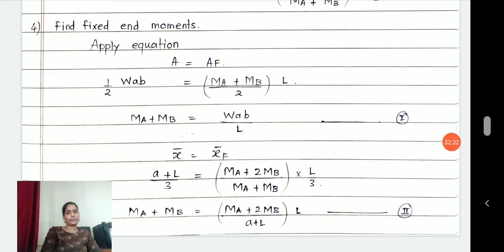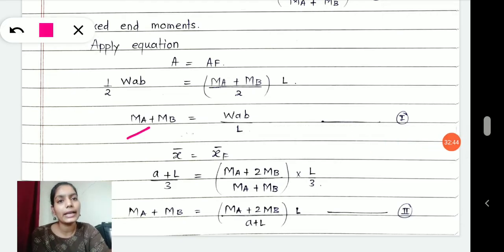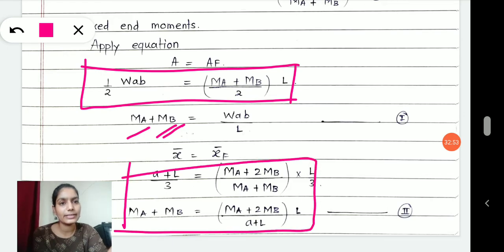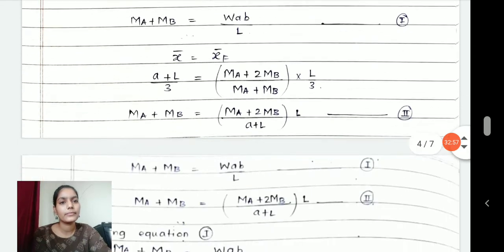Now equate the area and centroidal distance of the free beam with the fixed beam, and try to calculate MA, moment at A, and moment at B. I am leaving this for you to do. You exercise it. We will directly go to the answers.